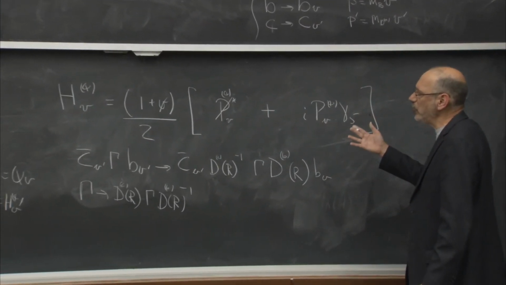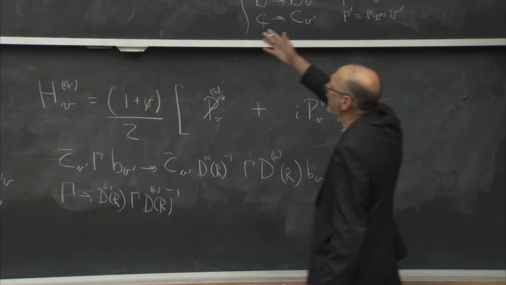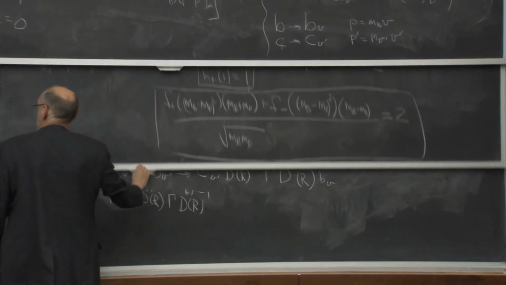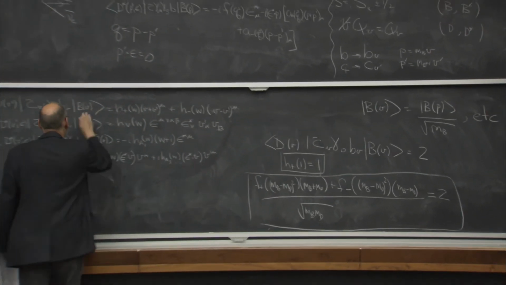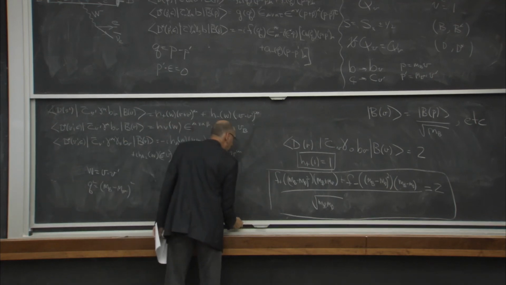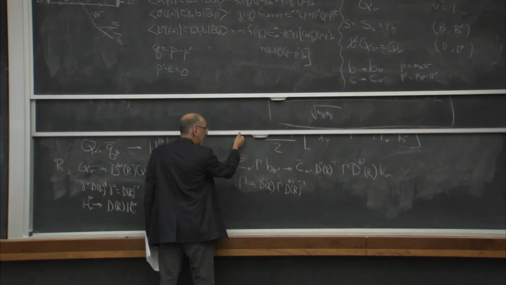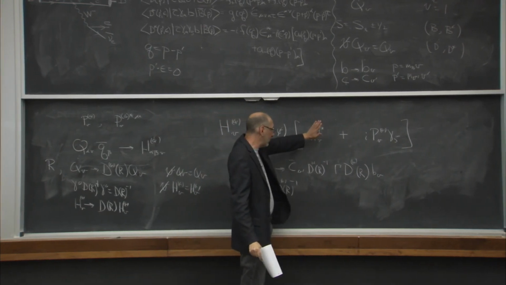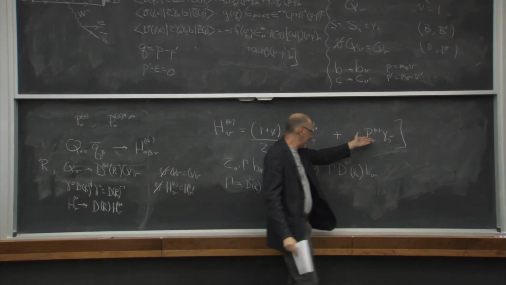And then how do I use it? I'm going to want to take its matrix elements in the end between these states here and this D star here. So the initial state is always a bottom. And so when I have the H_v^B here, I'll just put a 0 here.